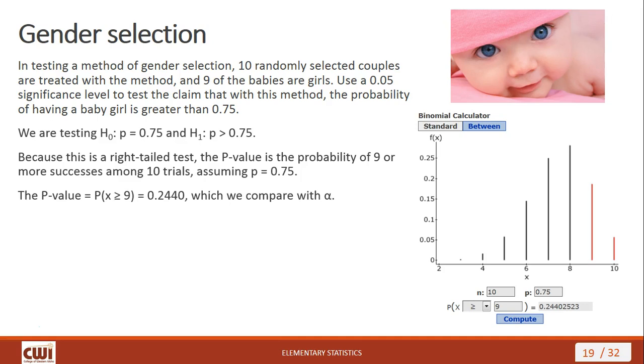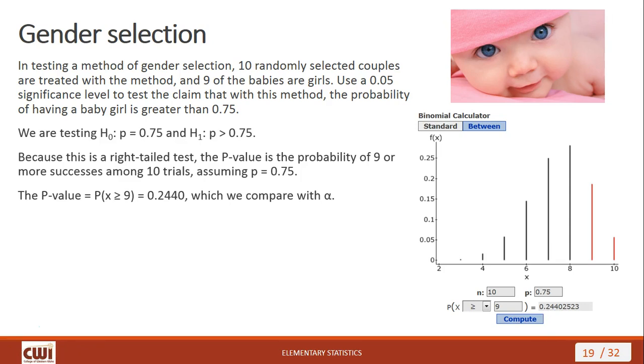So we take that information and that gives us the area under the curve, which is 0.244. So this area on the right side, see how it's shaded in red? This is going to be the right tail. That's our critical region, and that's going to be our p-value that we compare with our significance level alpha.